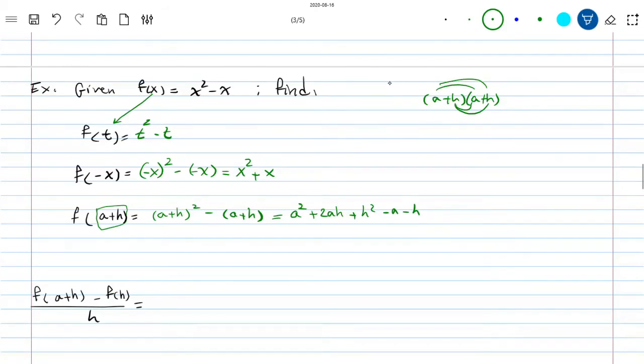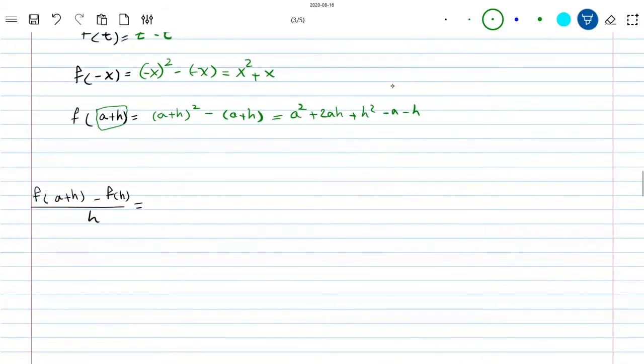Why am I talking about f of a plus h? This is something that we're going to use very often, and it's this formula. It depends on f of a plus h, sometimes f of x plus h. This is called the difference quotient.